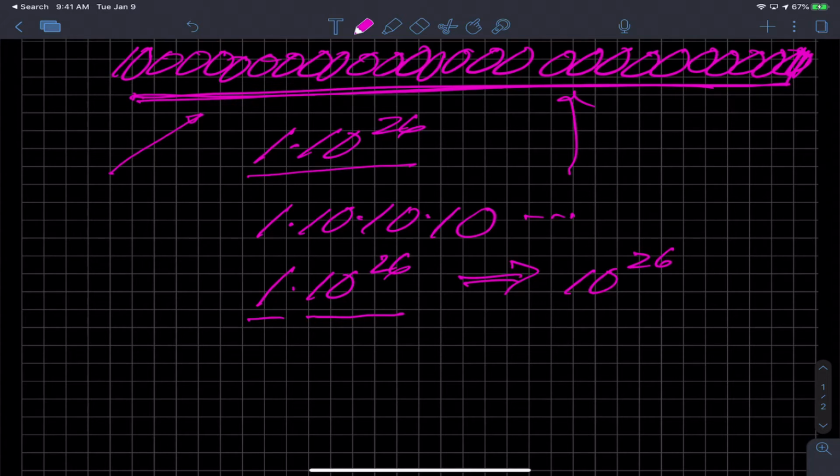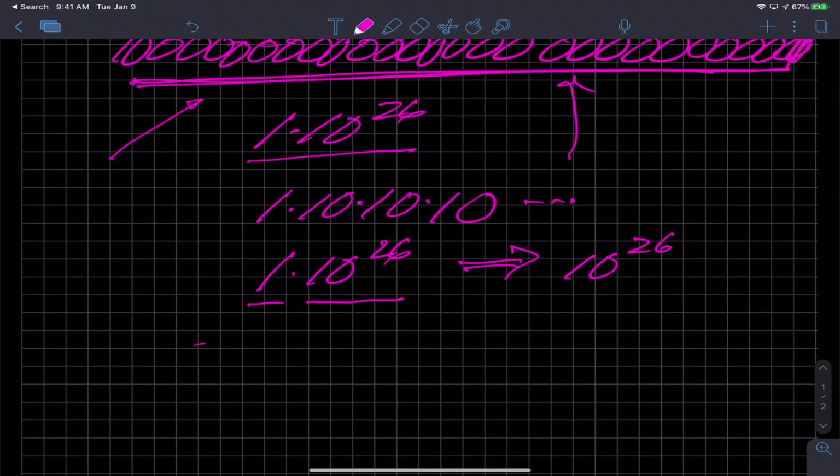So scientific notation has some rules around it. Let's say we're talking about some other value that was something like 3 times 10 to the 13th.